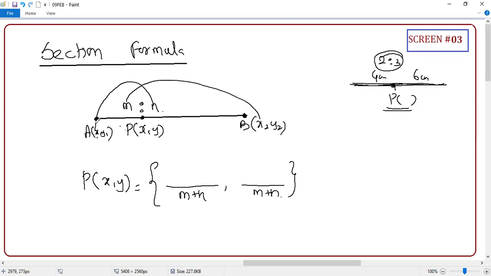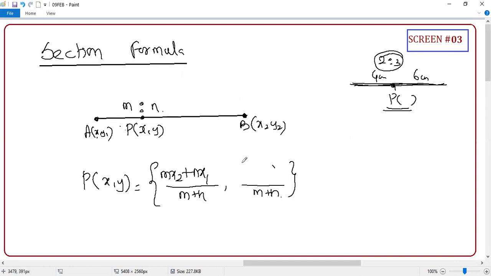One thing you should be very clear about: since it's the x point, I'm multiplying with x, but not this way. Please see that. From here to here, this n2. What is the answer then? mx2. You are multiplying these two, plus nx1.